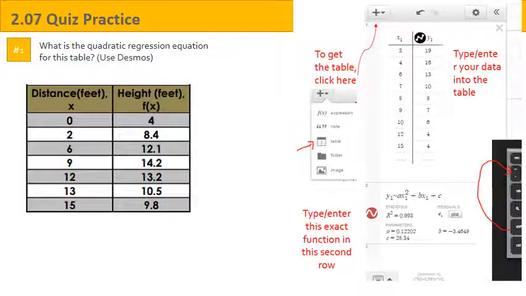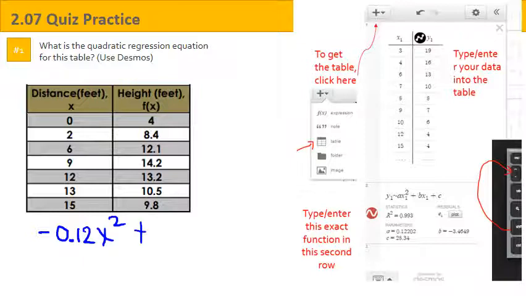All right, so for this one, once you get it in Desmos and you get your parameters, you can see that your A was negative 0.117, which gave you a negative 0.12. So that goes in for your x squared.